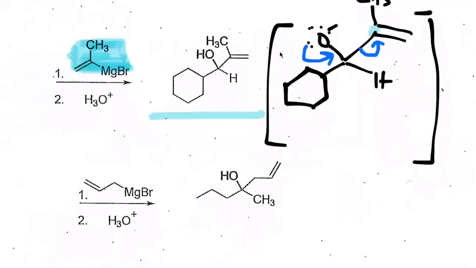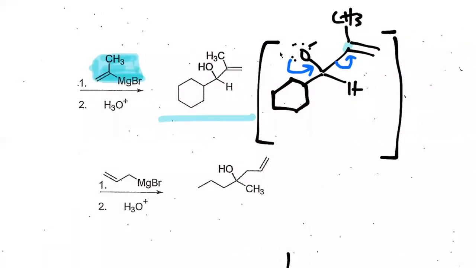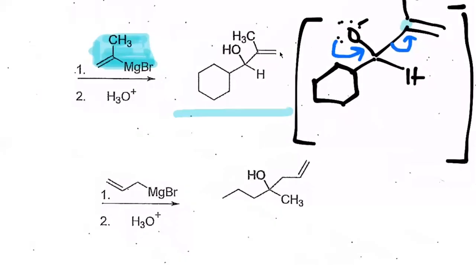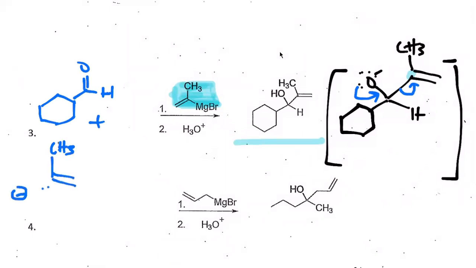So my two pieces from that will end up being this, my aldehyde. And then my Grignard is going to come from this. That's negative, so that's where the Grignard is going to come from.